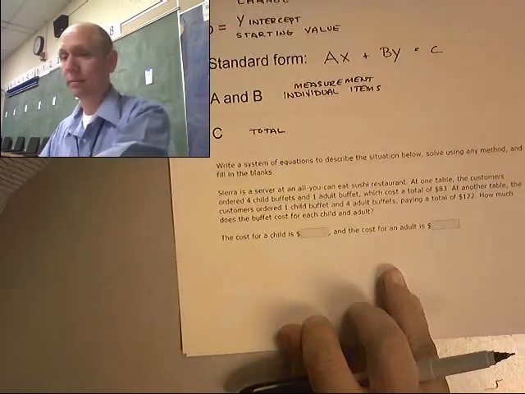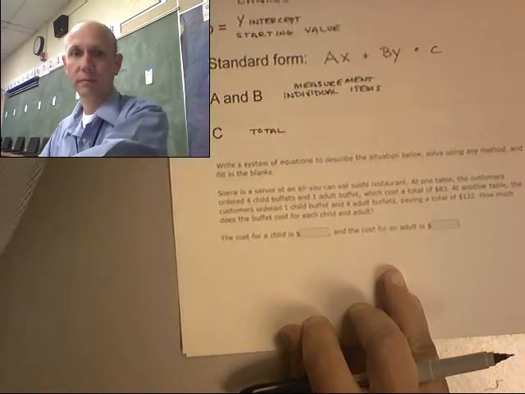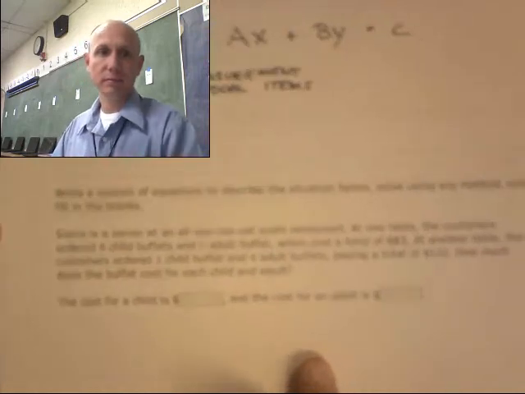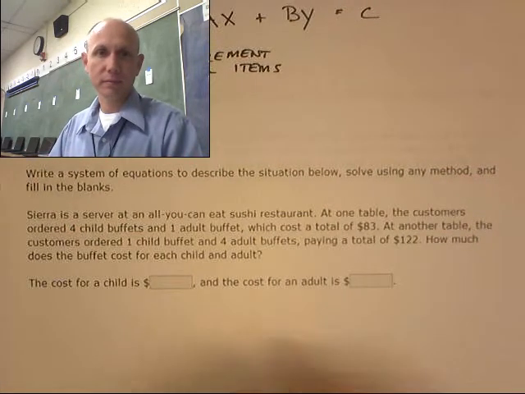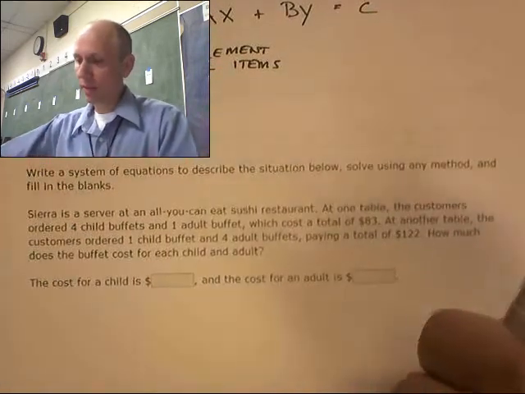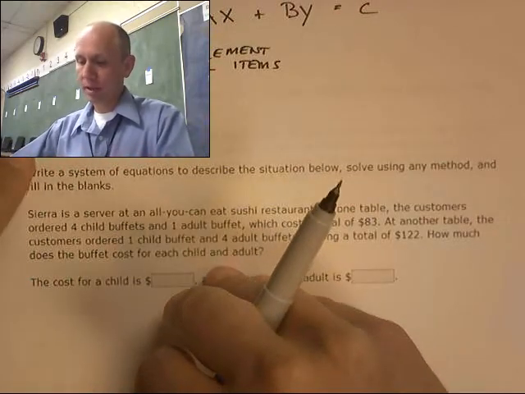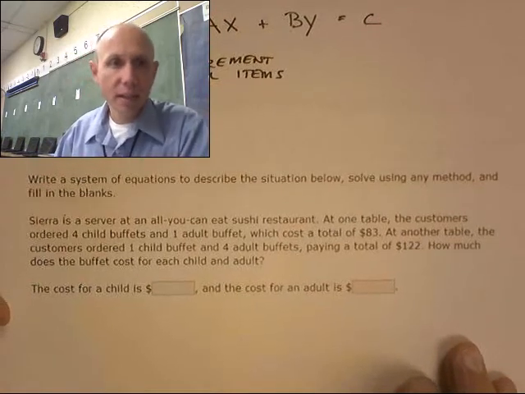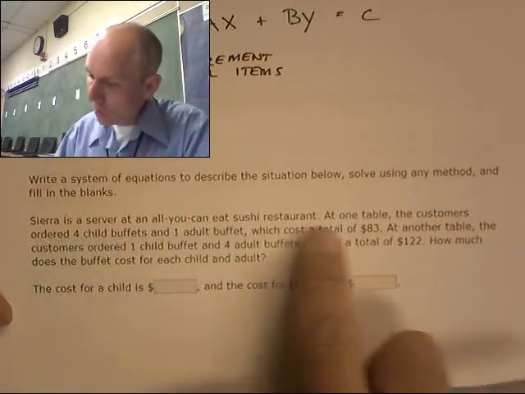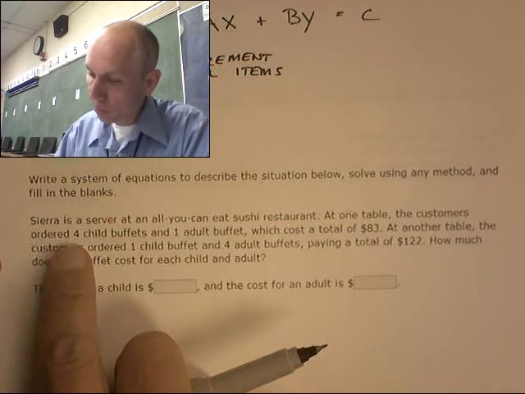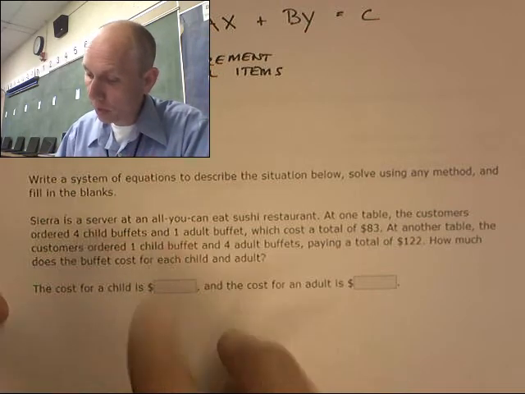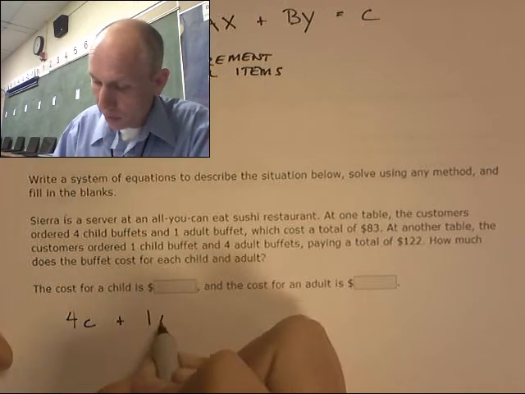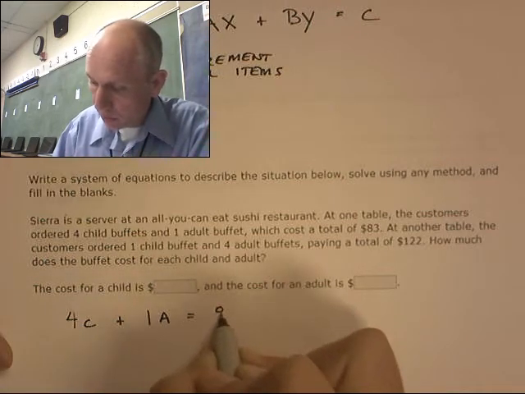Here we go. How many word problems do I have in here? It's going to be a long video today. I have 3 of these. Here we go. Sierra is a server at an all-you-can-eat sushi restaurant. At one table, the customers ordered 4 child buffets and 1 adult buffet. Ready? 4 childs plus 1 adult, and it was $83.